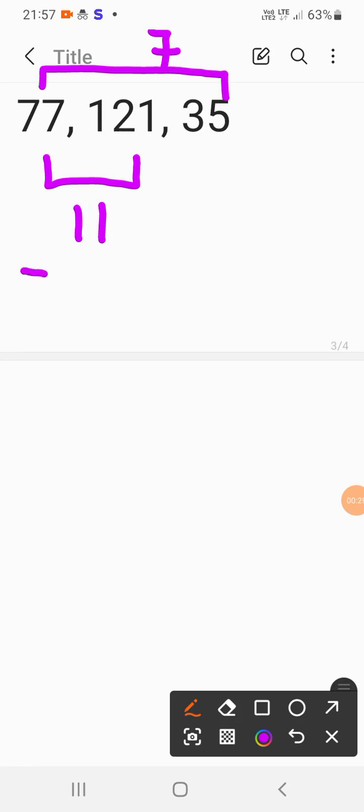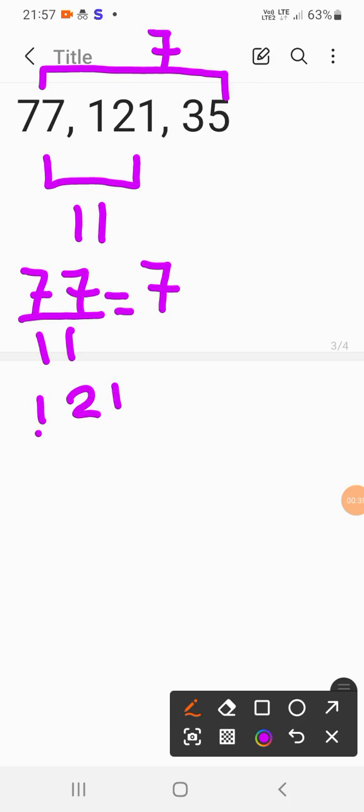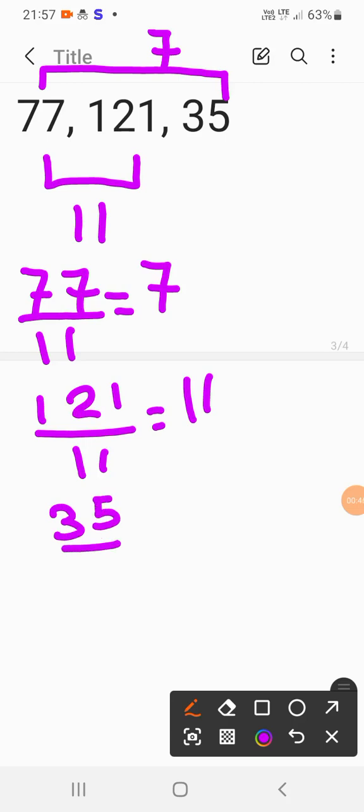So 77 divided by 11 is 7. 121 divided by 11 is 11. Since 35 is not divisible by 11, we will divide it by 7, which gives 5.